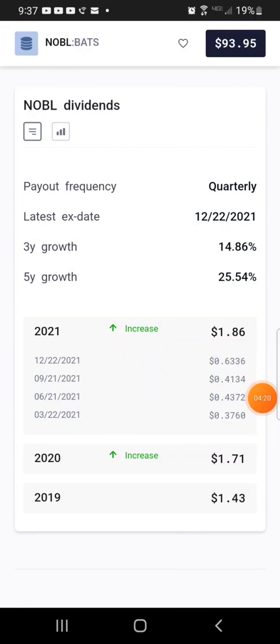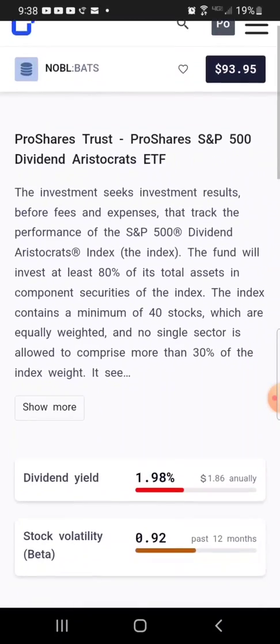Oh, and I also want to add, for people that are retired and want to have all of their money in one place, ETFs like Noble will give you that guaranteed payment regardless, because it's only invested into Dividend Aristocrats. But one thing on the negative side about ETFs, I've been saying, is the dividend yield.